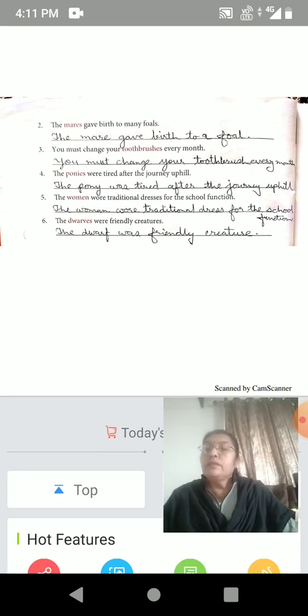Second, the mares gave birth to many foals. Red printed mares. We convert it into singular. The mare gave birth to a foal. Third, you must change your toothbrushes every month.